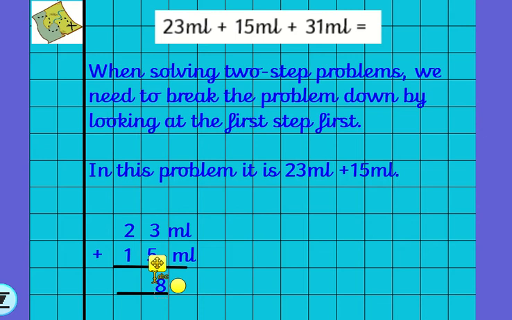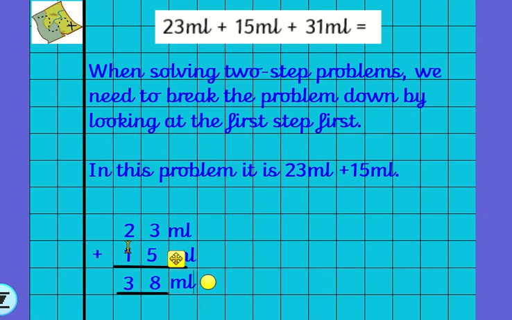And we know that 2 add 1 is 3. But we must remember to put our millilitres in. Oh, not in capitals, Mrs. Edwards. So that we know what we are measuring in.